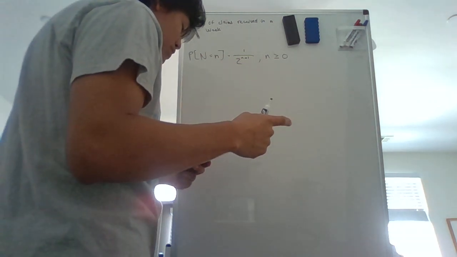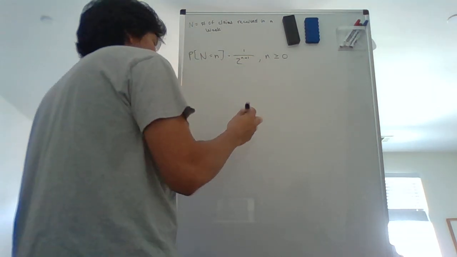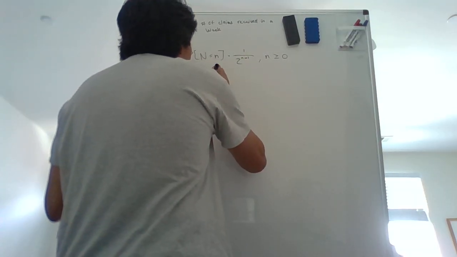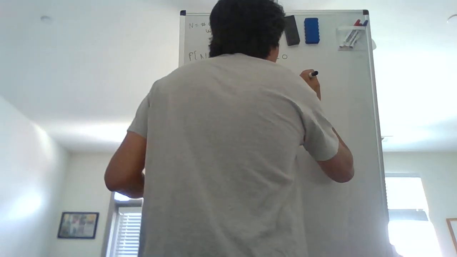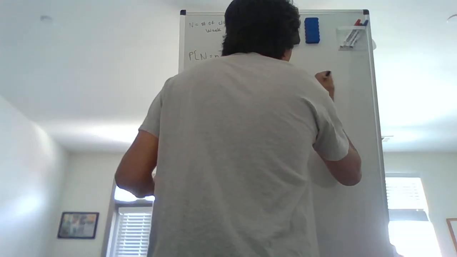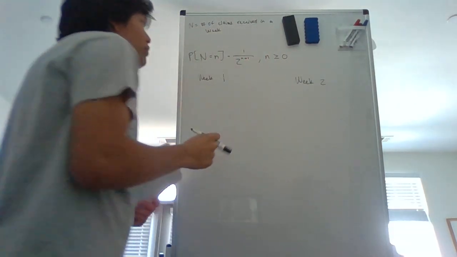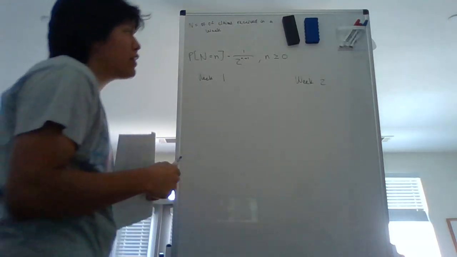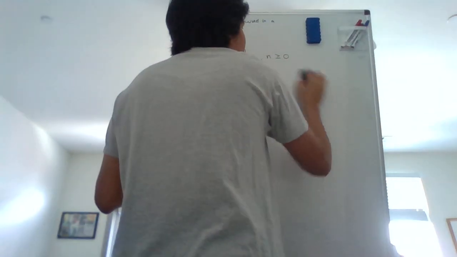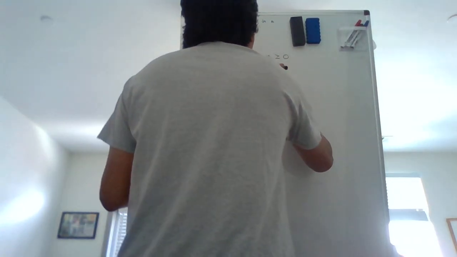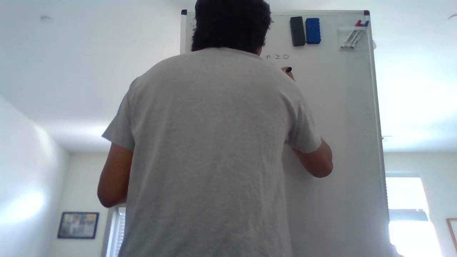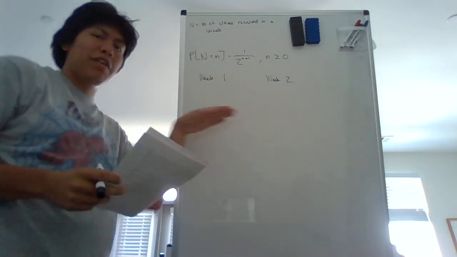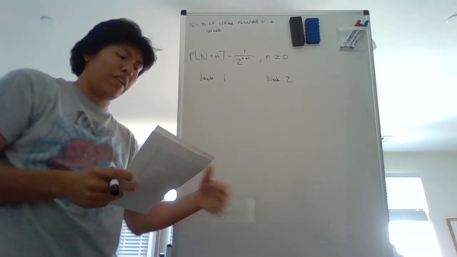Now, we can split this up where we have week 1 over here and we have week 2 over here. Alright? I'll leave some space at the end for something. Okay, so across 2 weeks, a company has to receive exactly 7 claims.